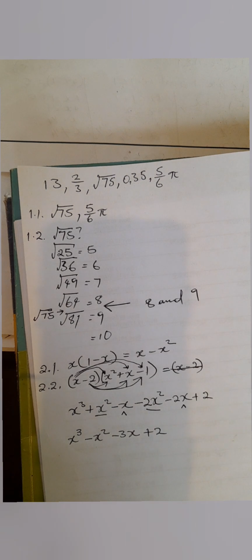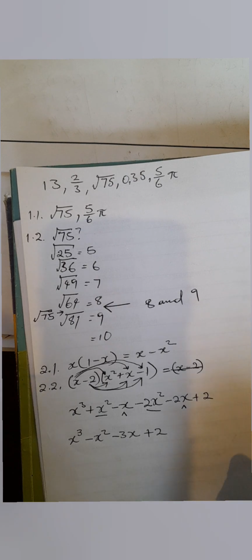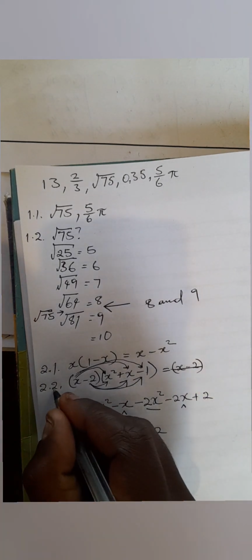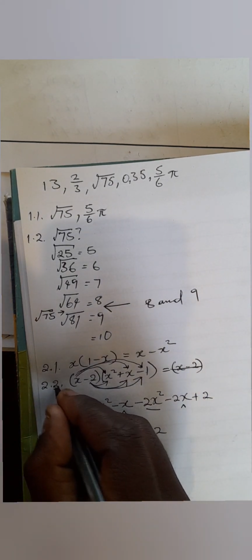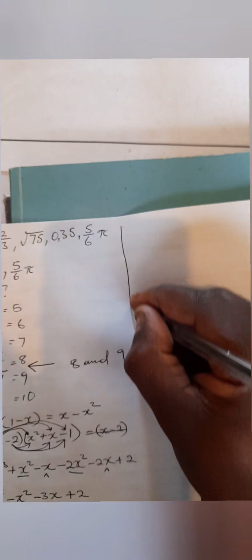Remember the question says determine the products of the following and simplify where possible. Actually, from the question paper, I'm sorry, this is 2.3. So this is 2.2, and I'm going to do 2.2 on the side here.